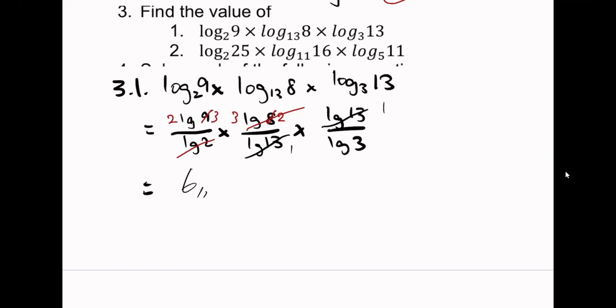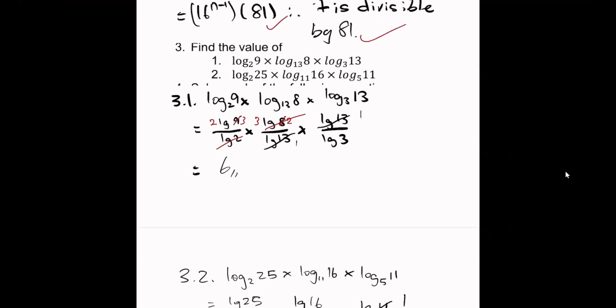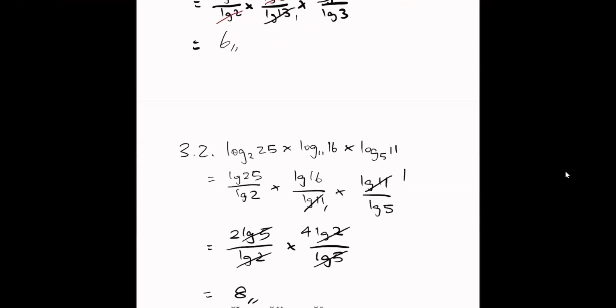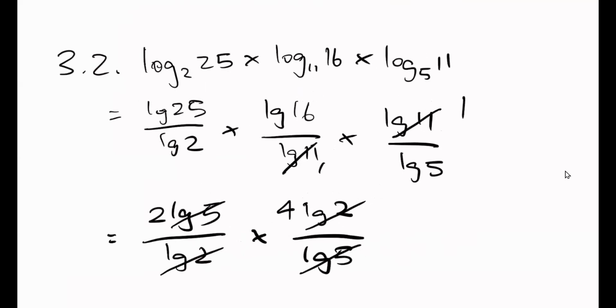Okay, good. Then how about 3.2? log 25 base 2, log 16 base 11, log 11 base 5. Again, it's change of base. This one is 5 squared, 25 is 5 squared, so bring down the power 2. 16 is 2 power 4, so bring down the power 4, get 4 times lg 2.